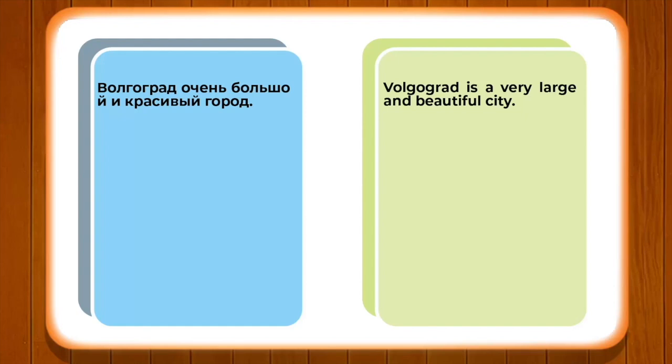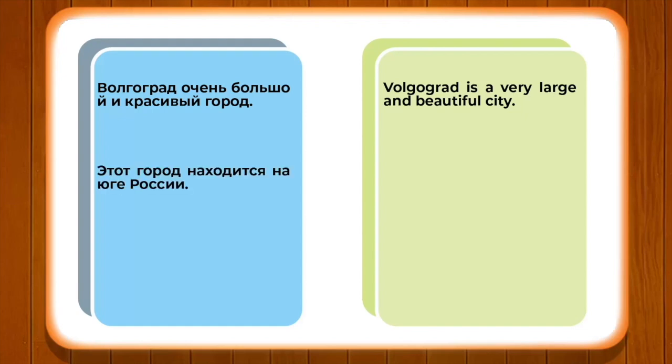Alright, so большой и красивый город. Какой город? Волгоград. Какой город Волгоград? Волгоград очень большой и красивый город. These kinds of questions you can ask while constructing your own text.